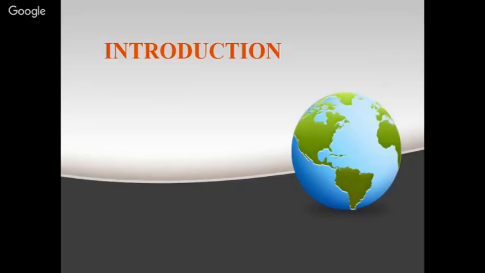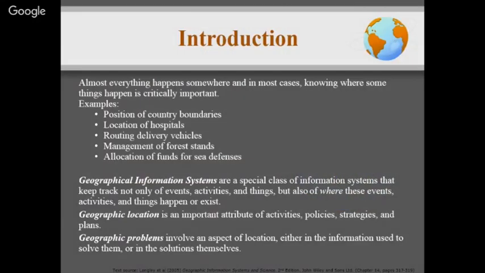What is GIS? As I started with the meaning of GIS, there are geographical locations, and data on geographical locations has to be understood because GIS works in a spatial context. Almost everything happens somewhere, and in most cases, knowing where something happens is critically important.